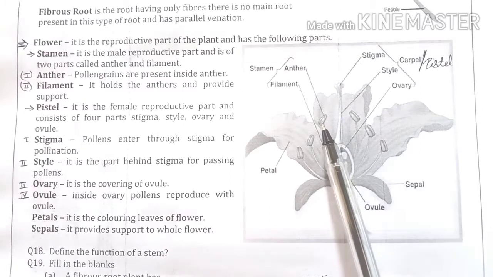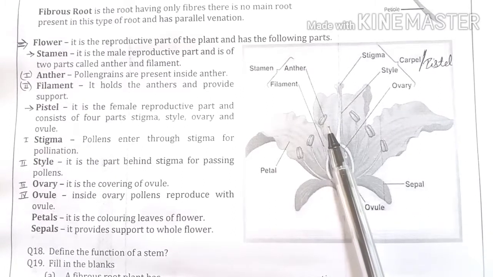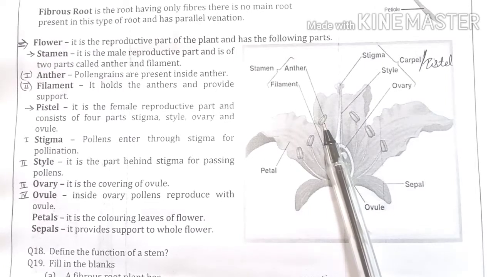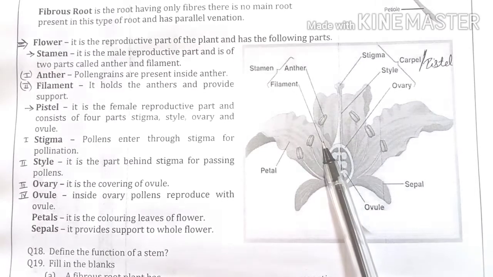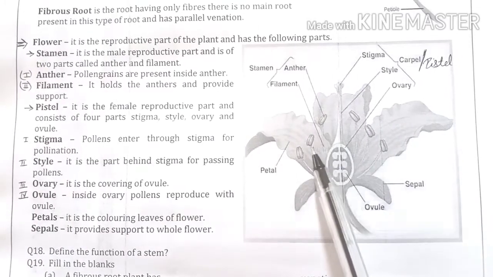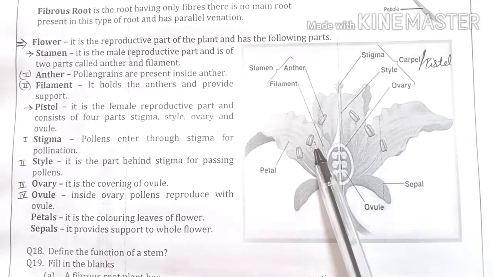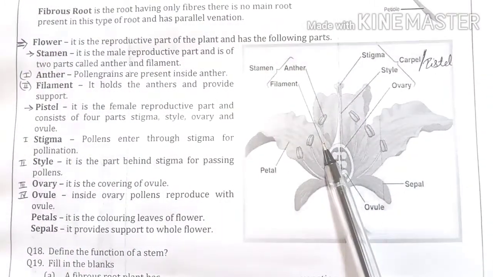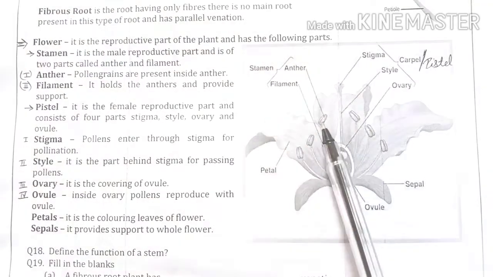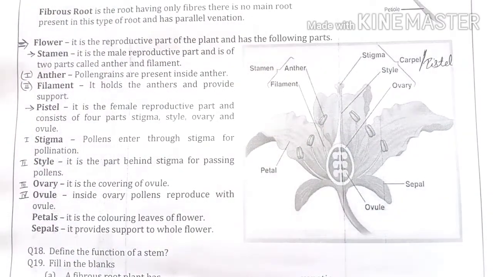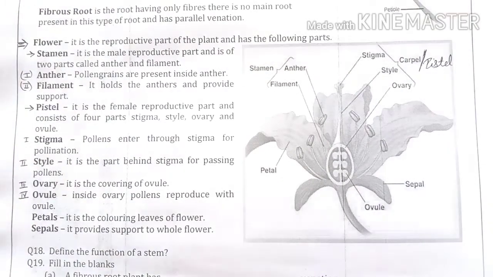Pollen grains are present inside the anther. The filament provides support to the anther and protects it from falling down. So the filament is the supportive part and the anther is the male part present on the flower.